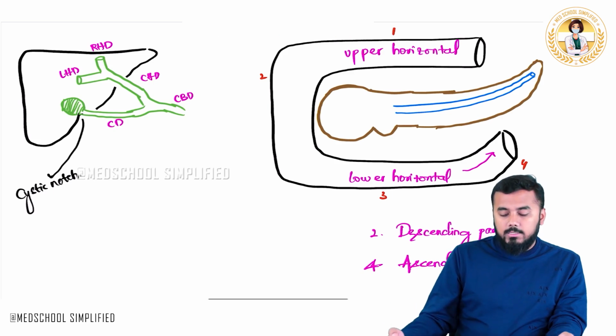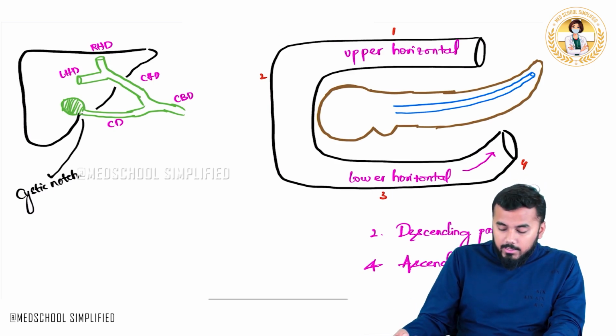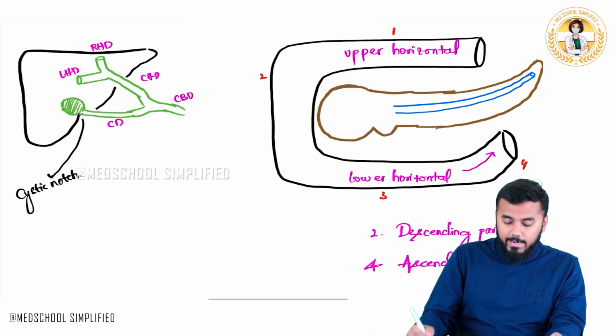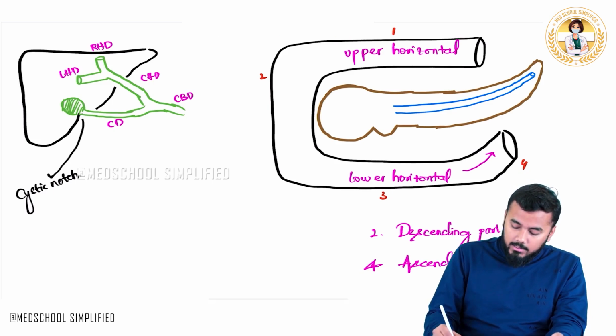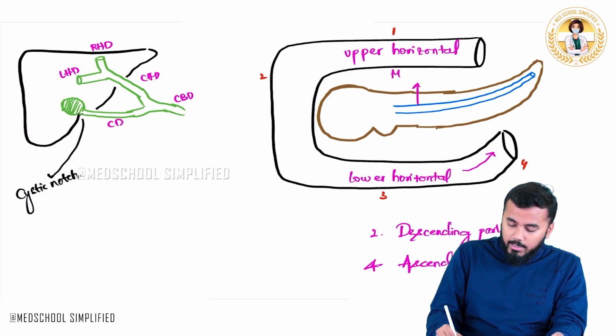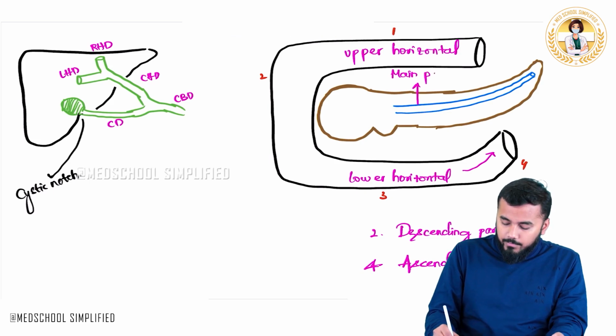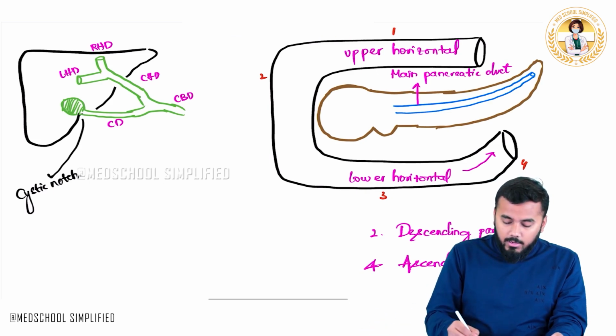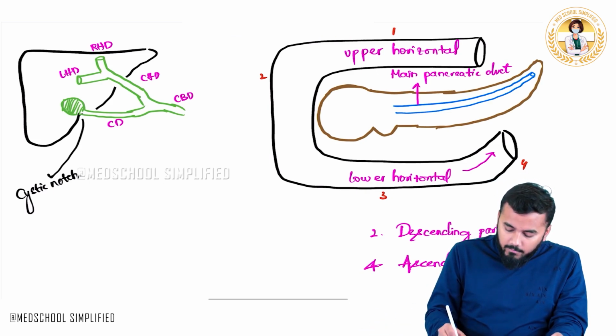Right? Now this duct which I am mentioning here is called as main pancreatic duct. What is the name of this duct? This duct is called as the main pancreatic duct. Okay. Now this main pancreatic duct will give out a branch in this way.